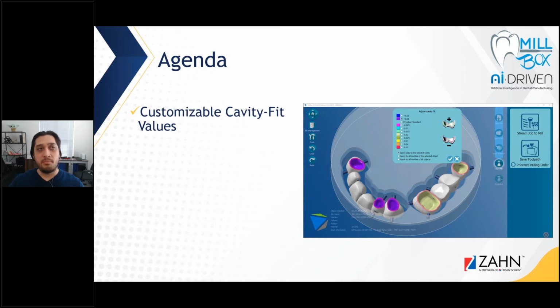So how you can affect fit on your restorations without necessarily needing to redesign the file or re-CAD the file, or maybe you're using a new material and that material doesn't quite mill the same, and so maybe you're getting a little bit tight fit on those restorations, and we can talk about how you can use the cavity fit operation to improve those scenarios.